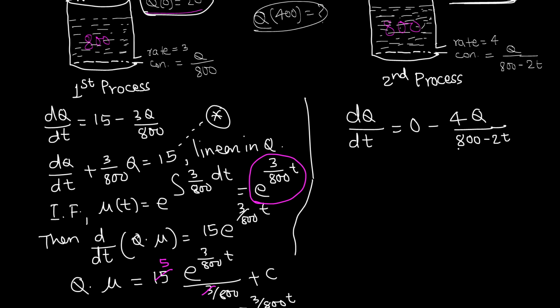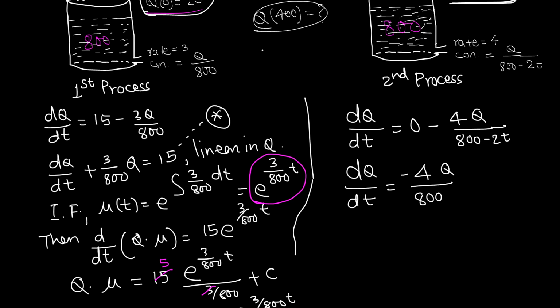If we do linear, then you need to bring it to the left side, but let me rewrite: dQ over dt plus 4 over 800 minus 2t Q equals 0. I think it's so simple, let's make it separable: equals negative 4Q.